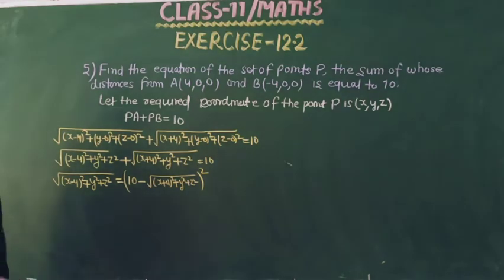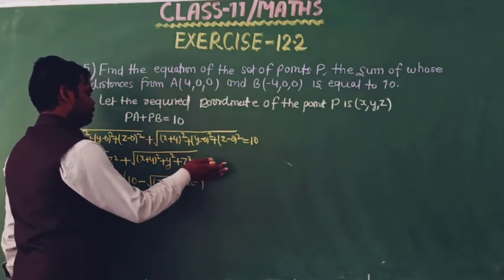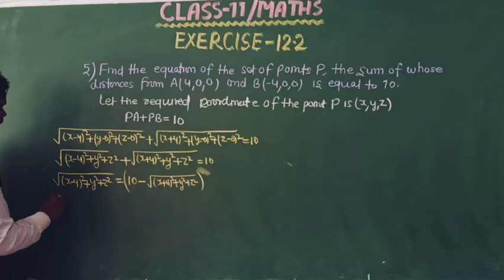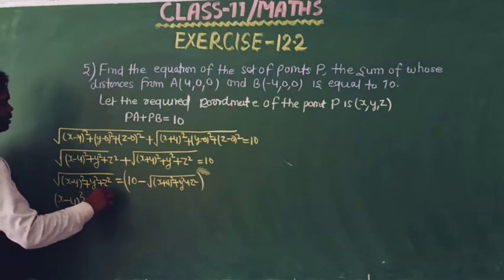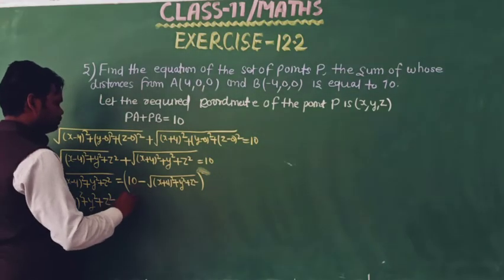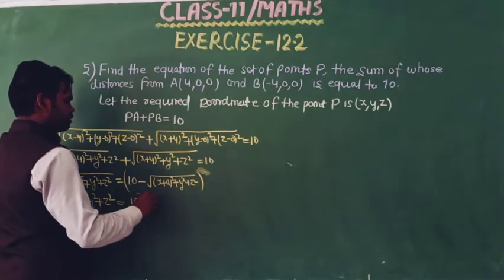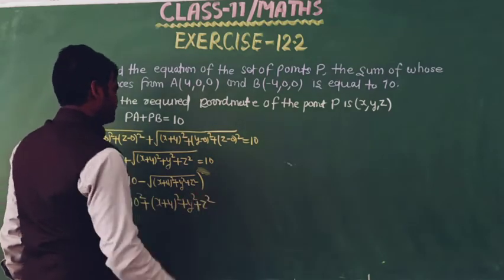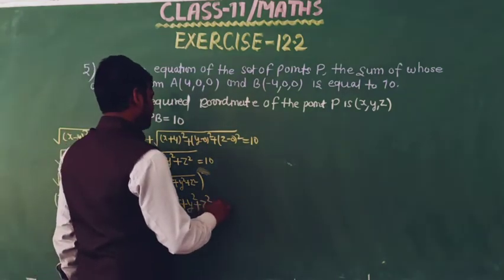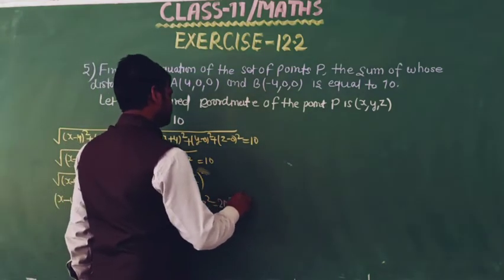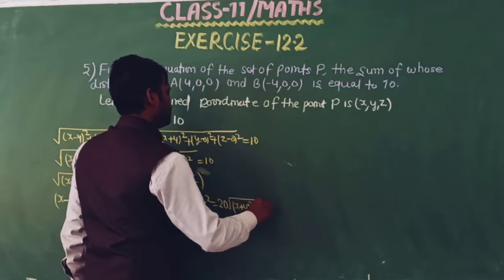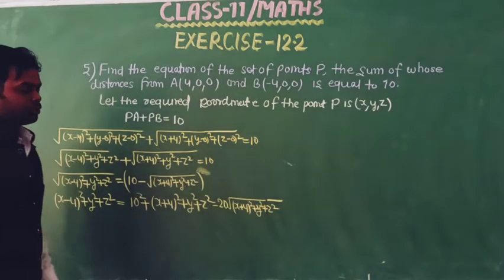Okay, now squaring on both sides, so this becomes x minus 4 whole square plus y square plus z square, and this becomes 10 square plus x plus 4 whole square plus y square plus z square minus 20 times square root of x plus 4 whole square plus y square plus z square.